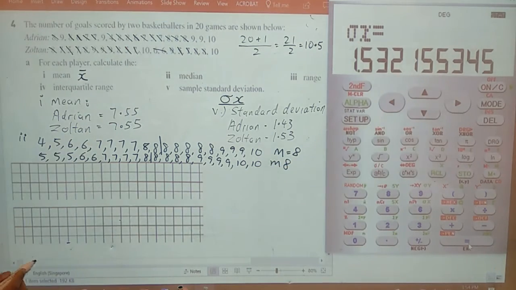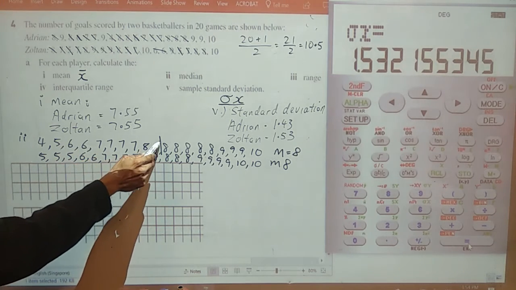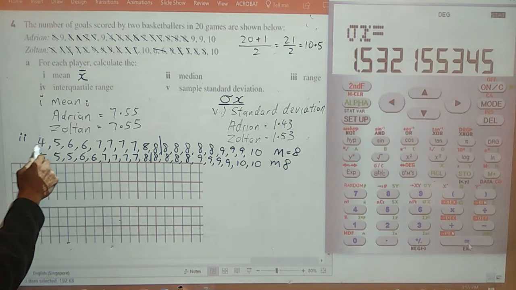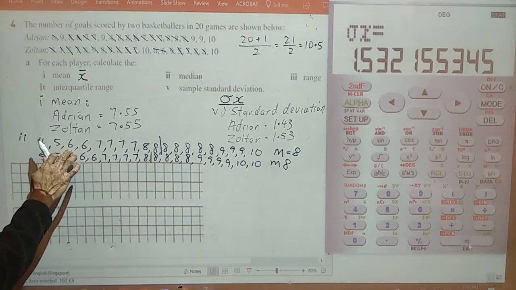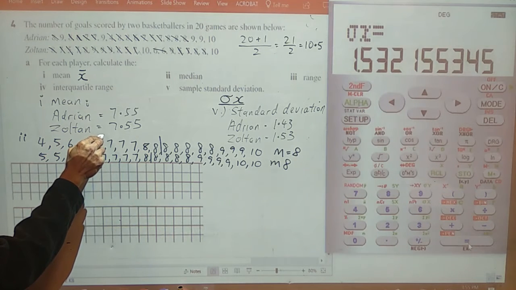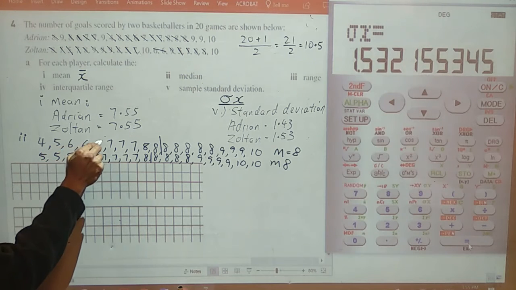Now let's take a look at the Q1 for Adrian. Because we have split this into two halves, we got 10 here. 1, 2, 3, 4, 5, 6, 7, 8, 9, 10. To find the middle, we take the first 5. 1, 2, 3, 4, 5.